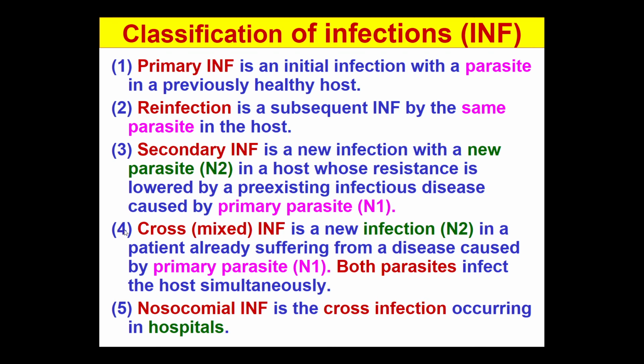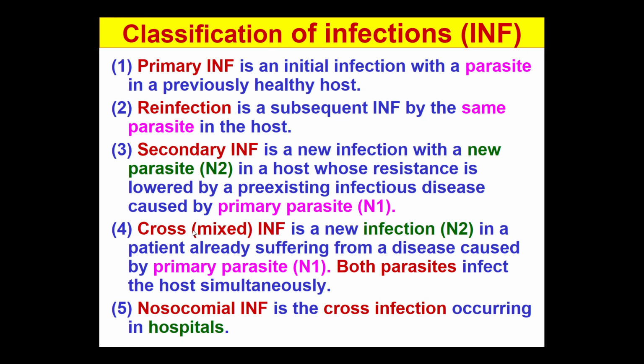The next, option 4, cross or mixed infection. Cross or mixed infection is a new infection, number 2, caused by pathogen number 2, in a patient already suffering from a disease caused by primary pathogen, number 1. Both parasites infect the host simultaneously. What is the difference between secondary infection and cross infection? In both cases, what is common?